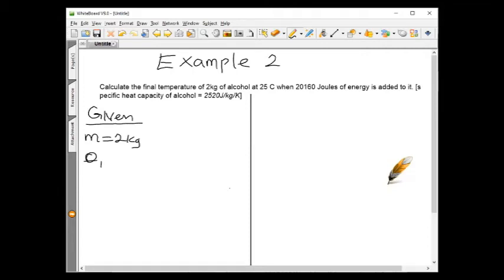Let's say temperature 1 is 25 degrees Celsius. And you're now given 20,160 joules, that is quantity of heat energy. Our Q is going to be 20,160 joules.